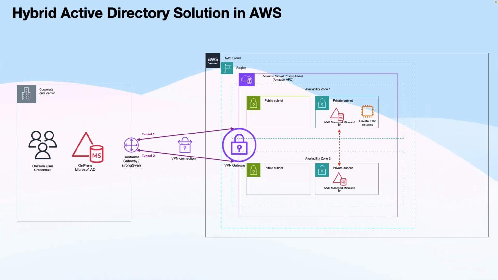AWS provisions AWS managed Microsoft AD in a VPC, and we will be given an ENI in each of the two subnets that we select when we create the AWS managed Microsoft AD. I will show you when we go into the console, once we create it, where the ENIs are provided. Because it is AWS managed, we cannot log into the AWS managed Microsoft AD directly to manage it.